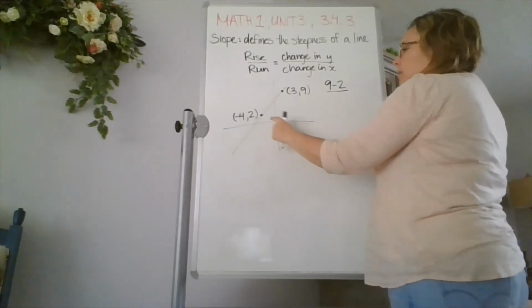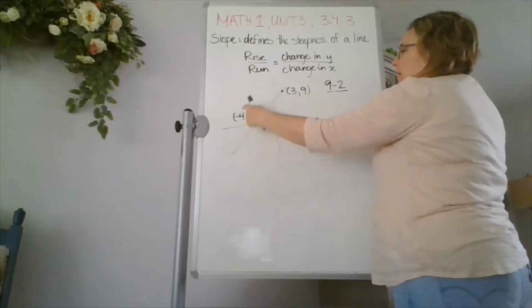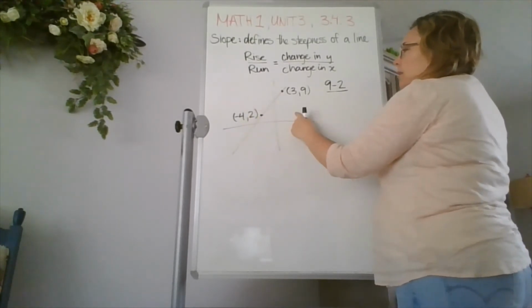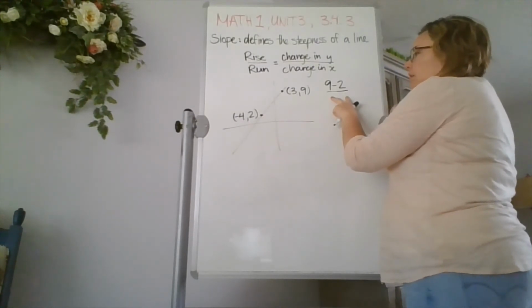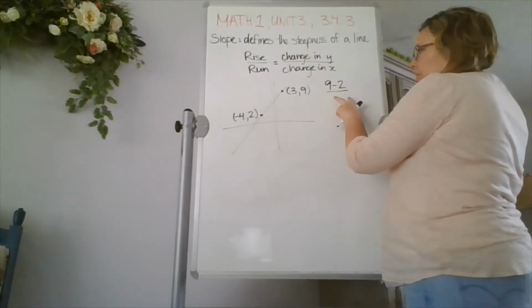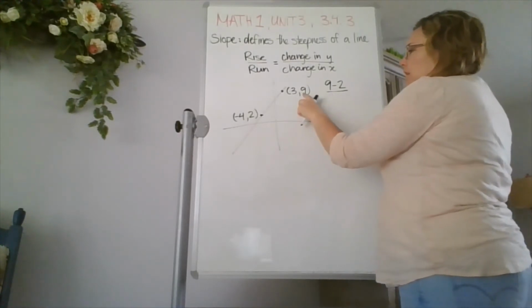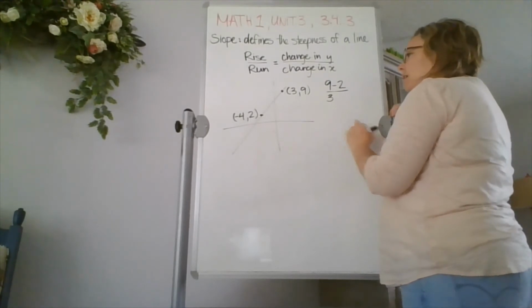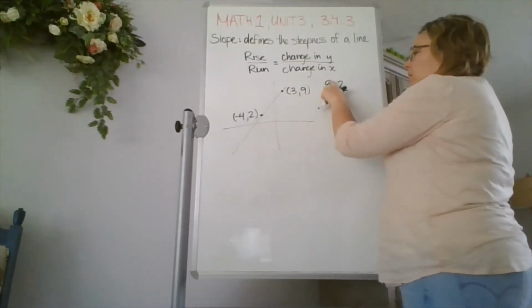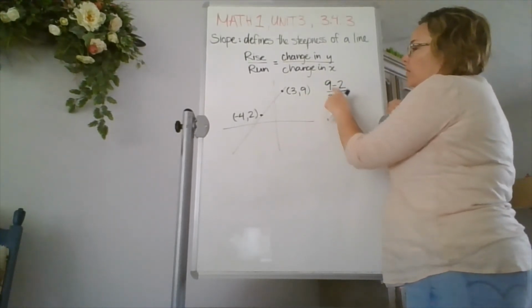So we could count, here we count from 2 to 9, we would count from -4 to 3, but notice in my formula I did something that maybe seems backwards. I chose to do 9 minus 2. I need to keep my x values lined up as if they are already in their ordered pair.